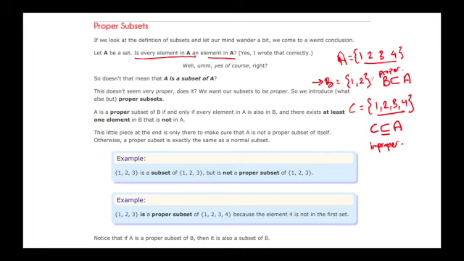Now, a proper subset is the smaller set, and we call it a proper subset because that is what you would think a proper subset would be. A proper subset would normally be smaller than the bigger one. But when you have a subset that is exactly the same as the bigger one, in this case C is pretty much equal to A, we call this an improper subset.